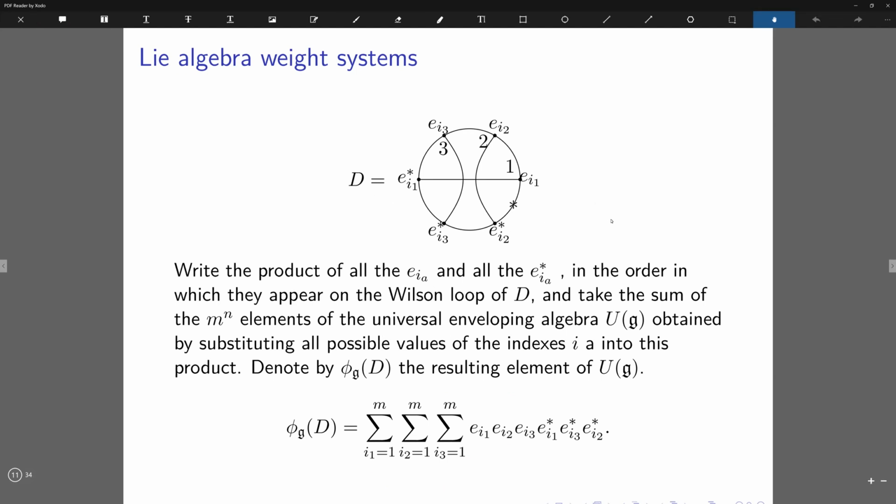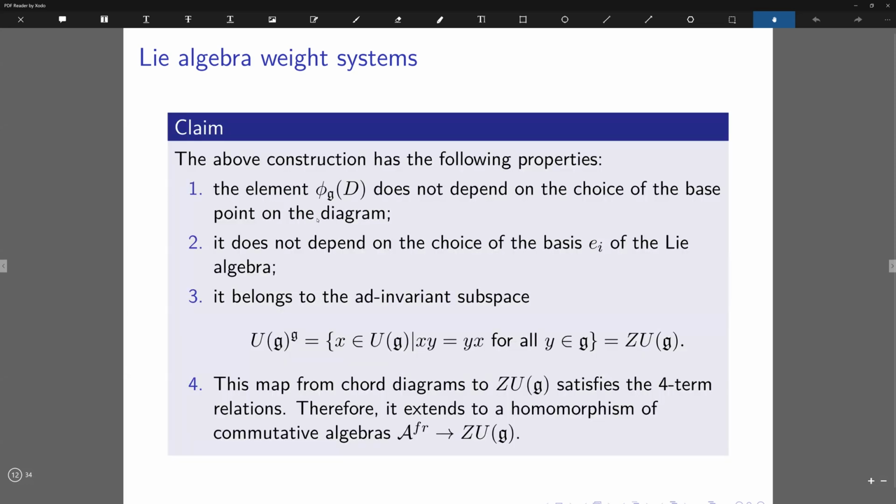This result is the weight system of chord diagram D with respect to the algebra G. Because there is no product in the algebra, this result actually lies in the universal enveloping algebra UG. And I have a result saying that this definition does not depend on the choice of the base point, which is the start point, and also does not depend on the choice of the basis. And the most important point is that the weight system lies in the center of the universal enveloping algebra.